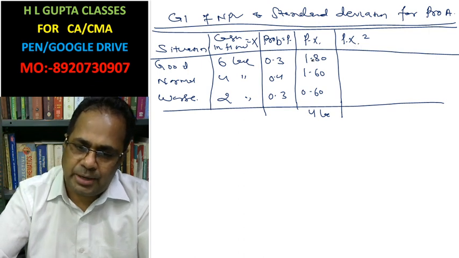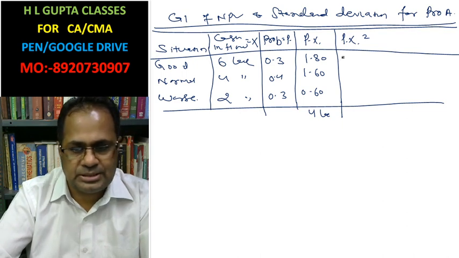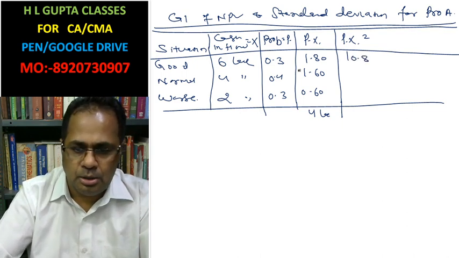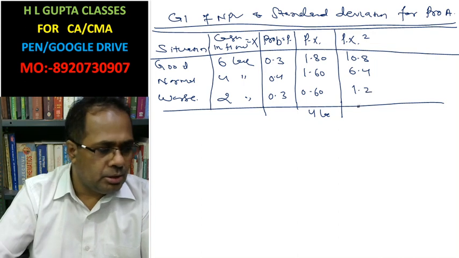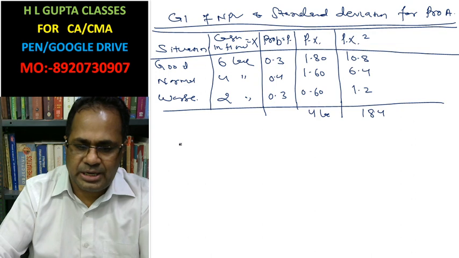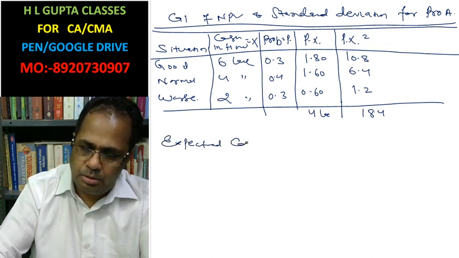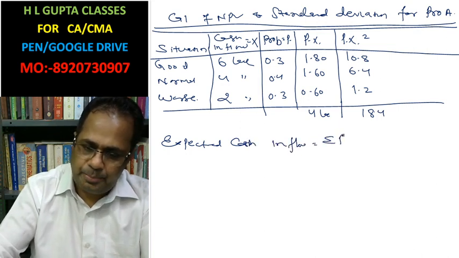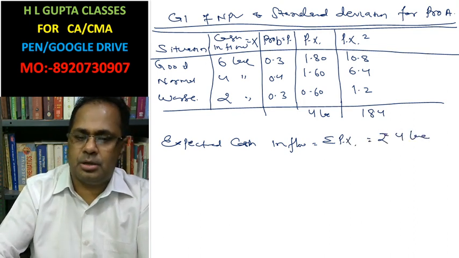Now P_iX_i squared: 1.8 into 6 is 10.8 lakh; 1.6 into 4 is 6.4 lakh; 0.6 into 2 is 1.2 lakh. The total is 18.4. The expected cash inflow is the summation of P_iX_i, which is rupees 4 lakh.